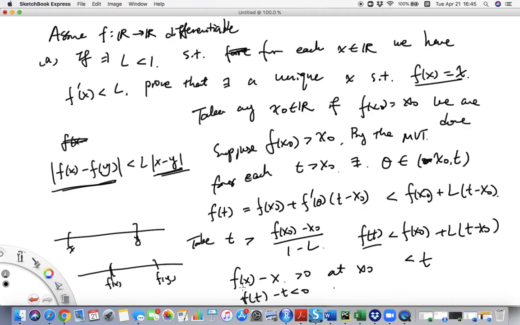So this continuous function is positive at one point and negative at the other. So you know it will cross the x-axis somewhere, right? And when the crossing happens, that means f of x is equal to x. So you have a fixed point.